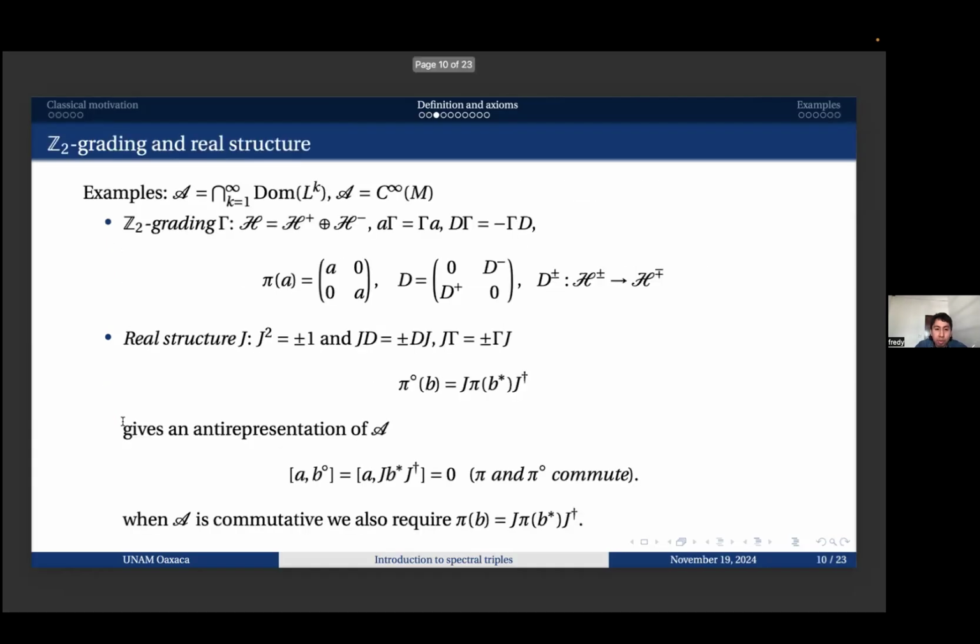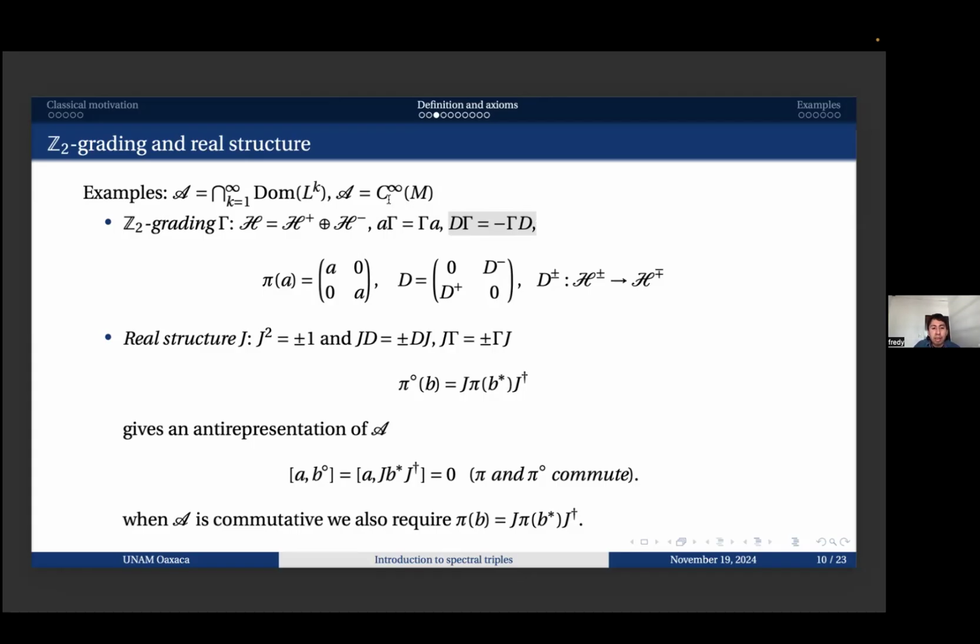As I said before, this gamma induces a Z2 grading. I mean, gamma must satisfy these two conditions: it commutes with the representation, given by this equation, and anticommutes with the Dirac operator.